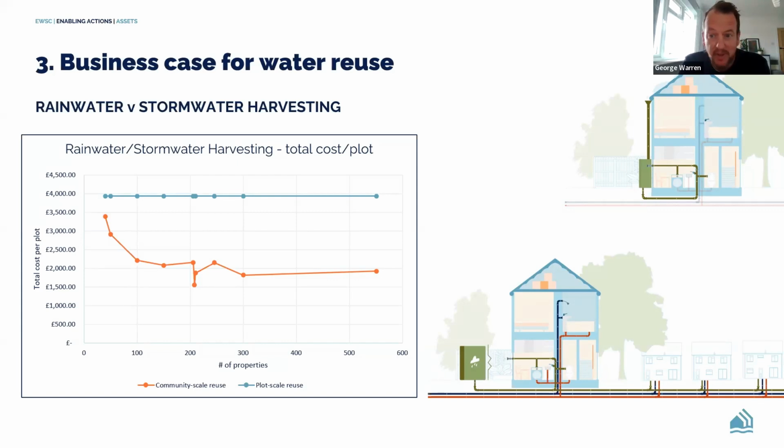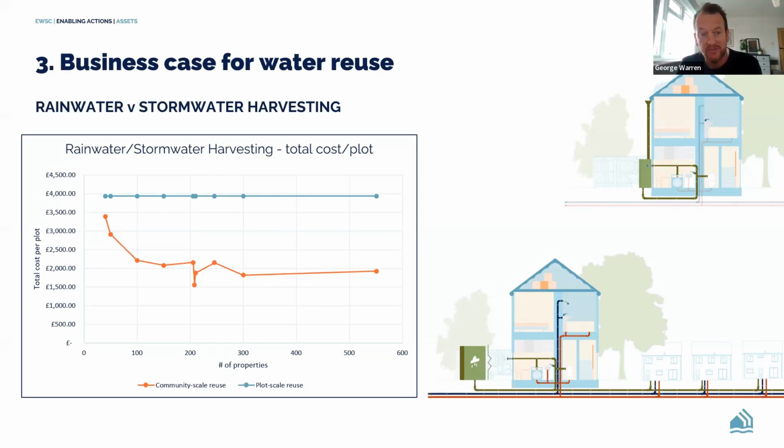So, at the minute, the costings that we have in for individual rainwater harvesting units are around the £4,000 mark, noting that this includes the pipework and labour. But there is a large cost associated with the tank side of things. So it could be that actually that could be incorporated in other means, and that maybe that could be reduced.